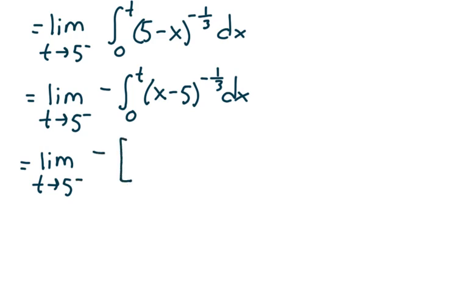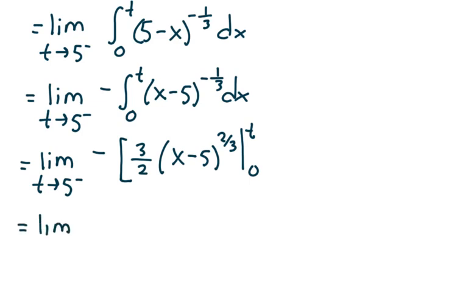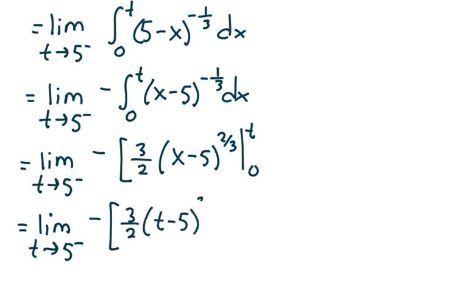Now, if I add 1 to that negative 1/3 exponent, I get 2/3. So this is 3/2 times x minus 5 to the 2/3, right? Evaluated from 0 to t. So this is the limit as t goes to 5 from the left of negative 3/2 times t minus 5 to the 2/3 minus 3/2 times negative 5 to the 2/3.